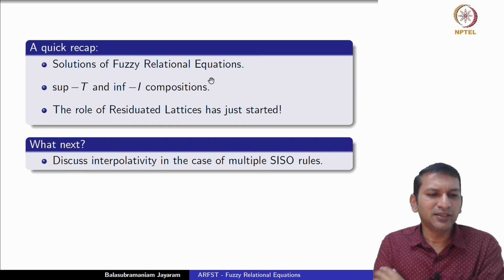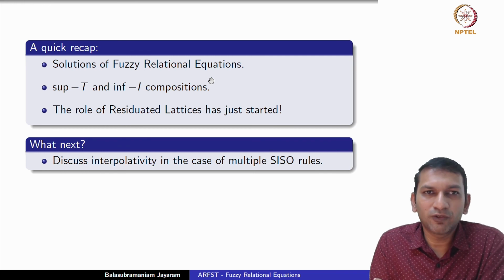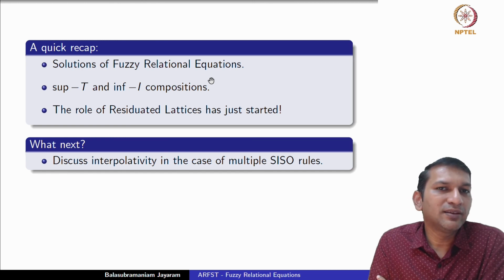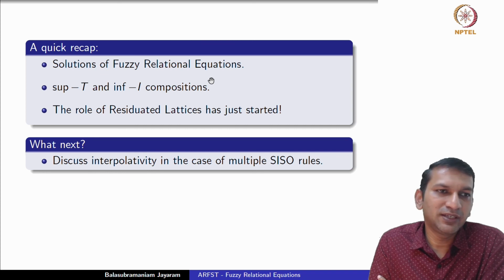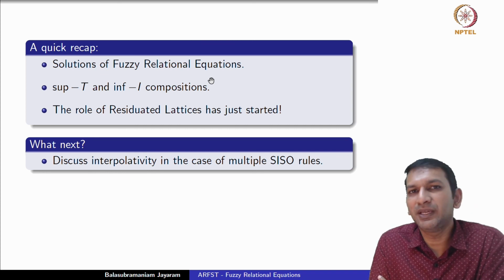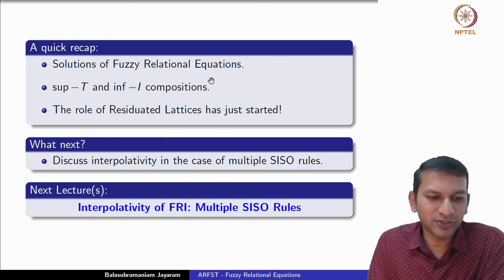In the next lecture, we will make use of these results on the solvability of fuzzy relational equations and see how we can relate them to the interpolativity of the corresponding FRI, whether it is the compositional rule of inference or the BKS inference. This we'll take up in the next lecture.